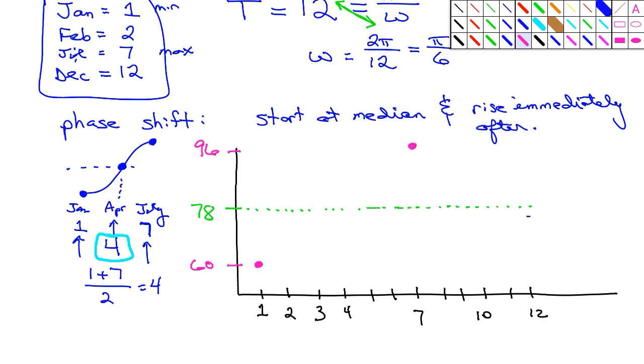We have a median in month 4. And in which other month will we also have a median? Well, the distance between these key points is 3 months. 3 months is a quarter of a year. And so the next month is the 10th month, October.